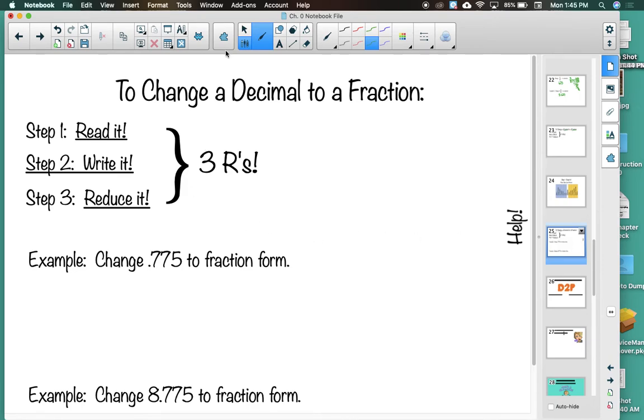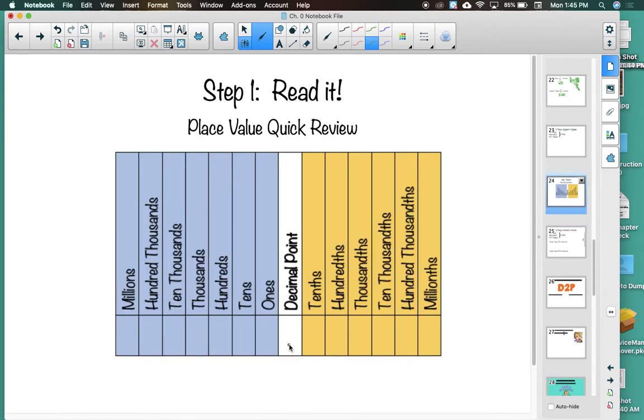So let's see what it looks like. We're going to change this decimal, 0.775, to fraction form. I know that's not how we read them. Well, I'm going to read that according to my place value chart. Here's my decimal, 775. Okay, so cover the decimal for a second, ignore it.